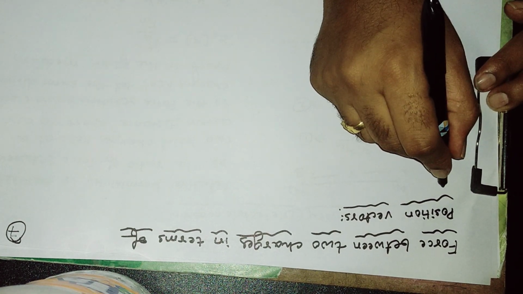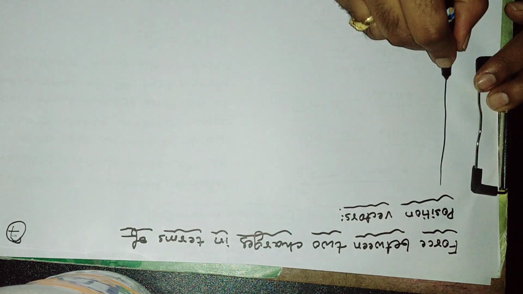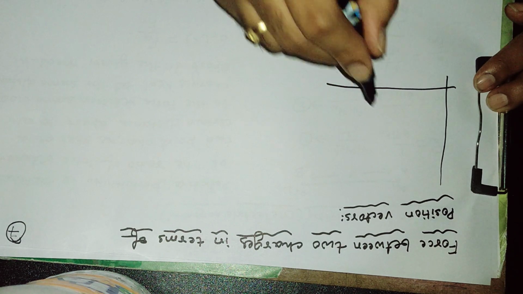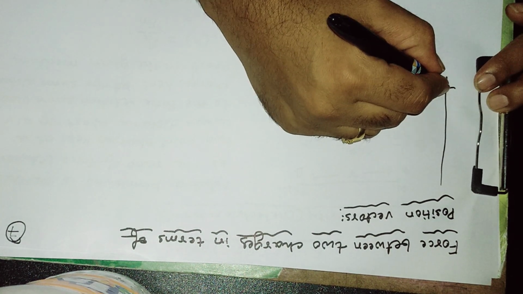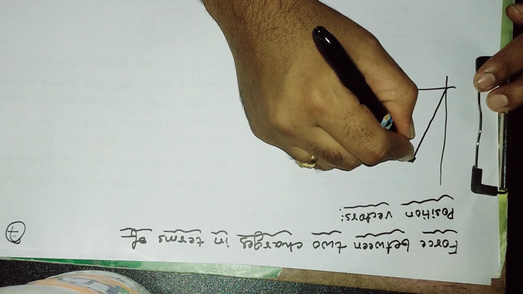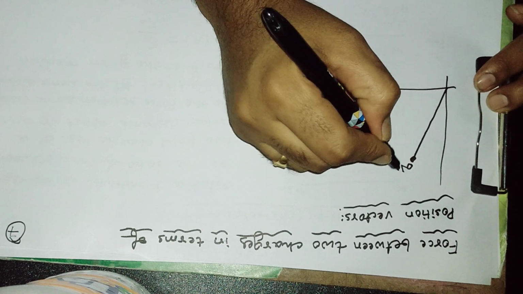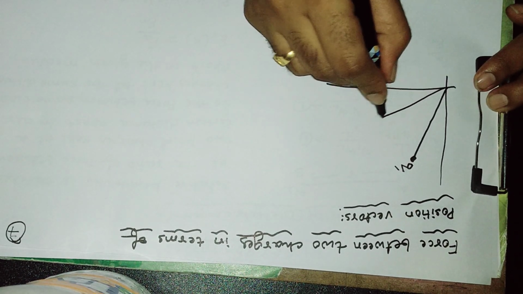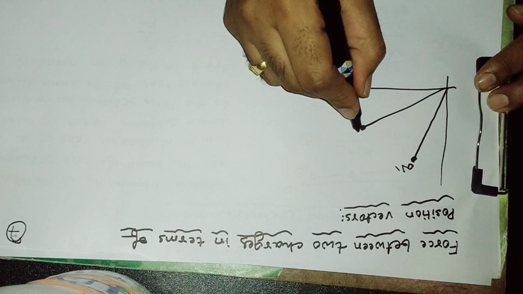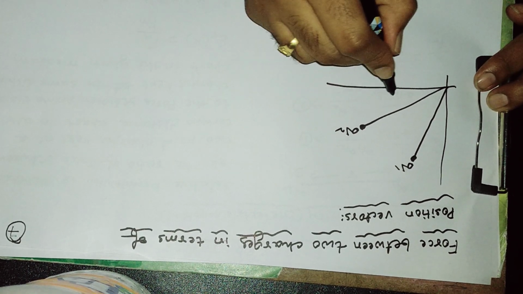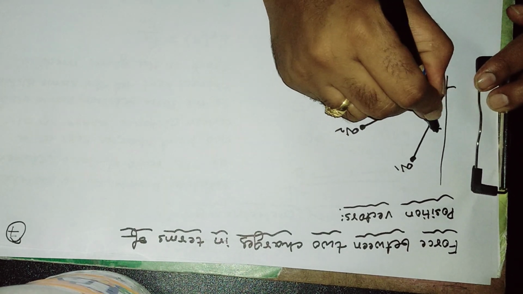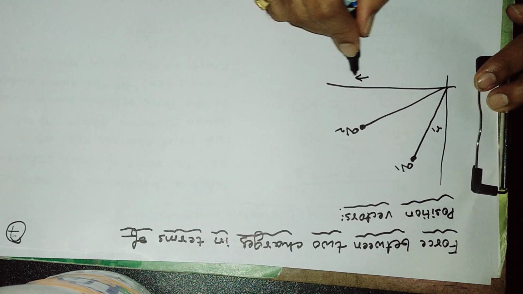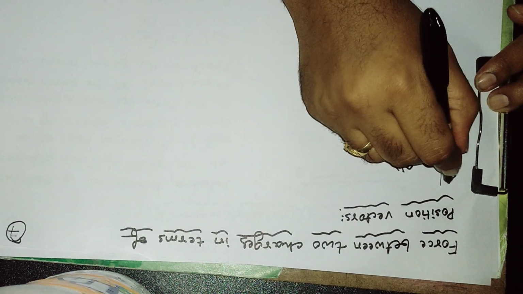I will consider a coordinate system here. Here you have one charge q1 and here you have another charge q2. So these are represented with the help of, see, this is the x-axis, it's a coordinate system.